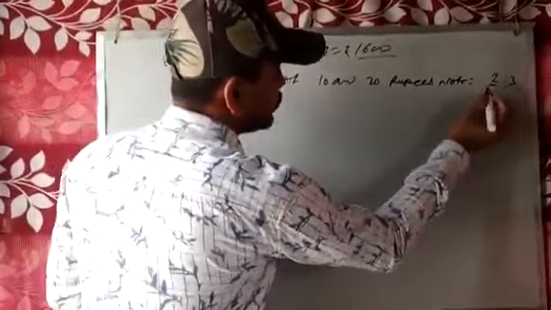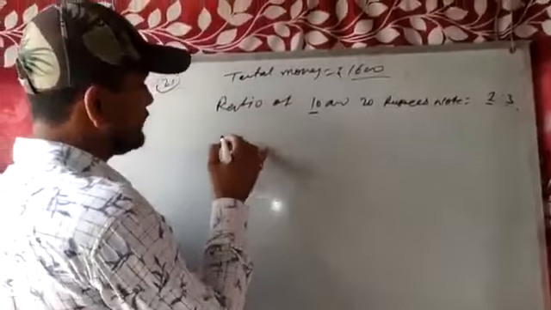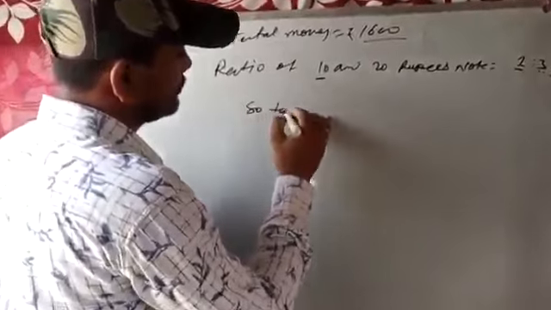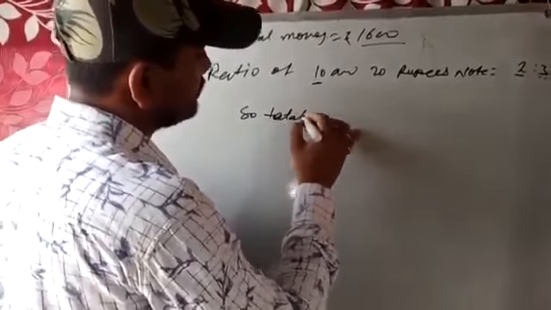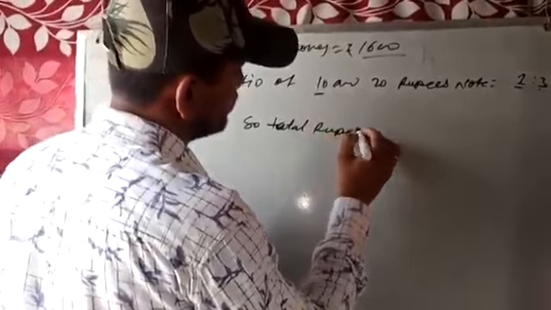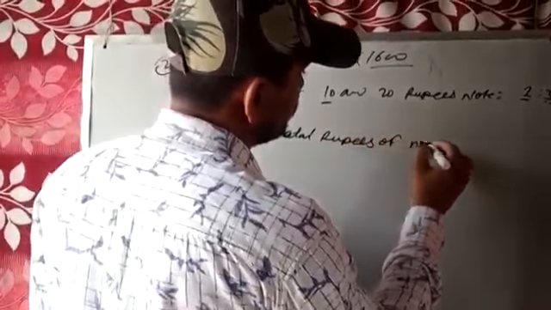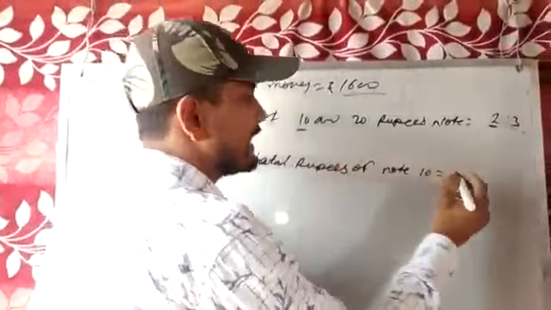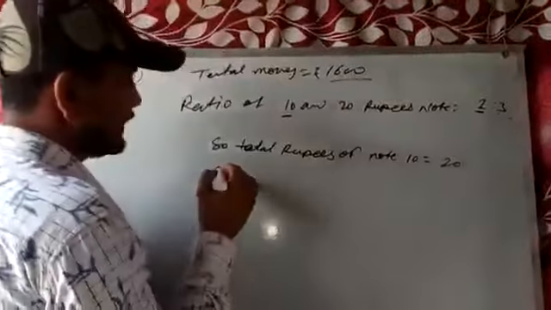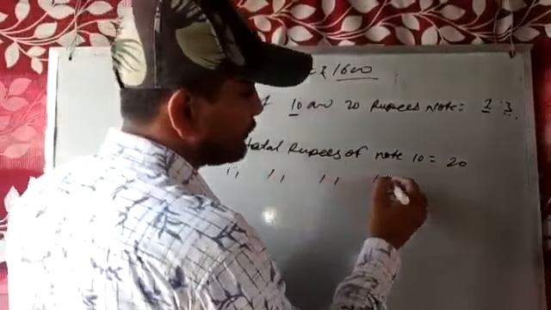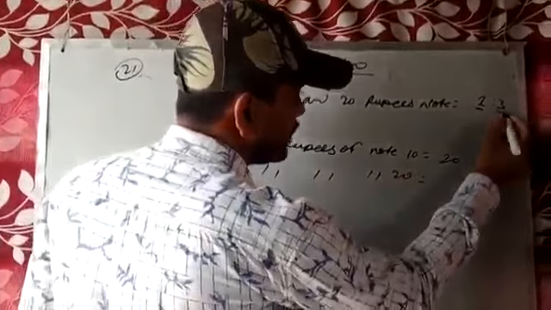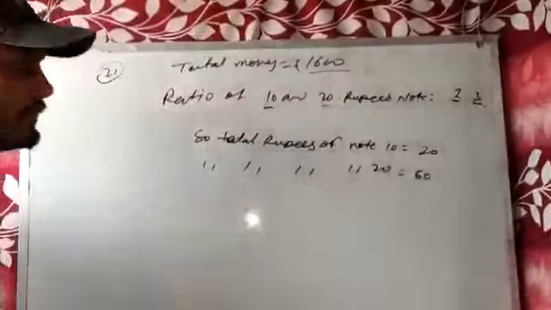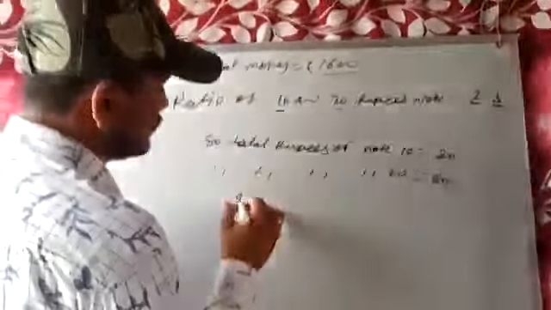If I have two notes of rupees 10, that means I have 20 rupees in total for the 10 rupee notes, and if I have three notes of rupees 20, that means I have 60 rupees. And in total I have 1600.